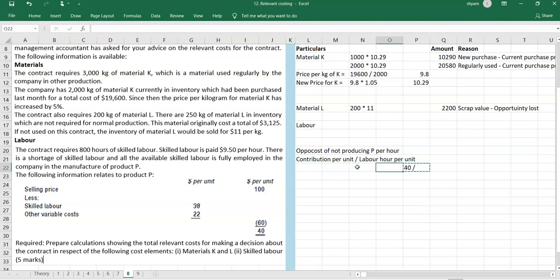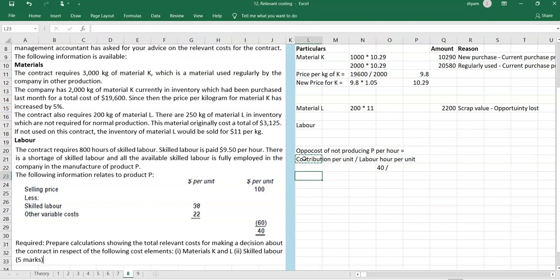So we'll work it out here. We don't know what the labor hour per unit is, so we have to work that out separately. Okay, so this is the formula.